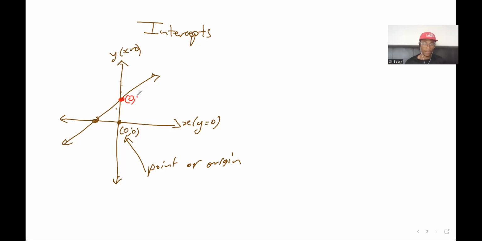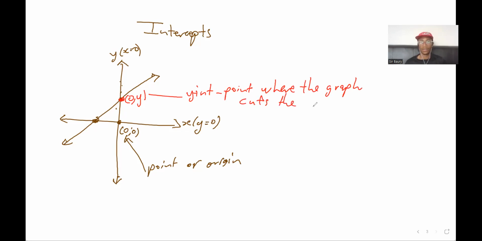We don't know y, but what we know is that this is the y-intercept, the point where the graph cuts the y-axis, and x is equal to 0. Always remember that.